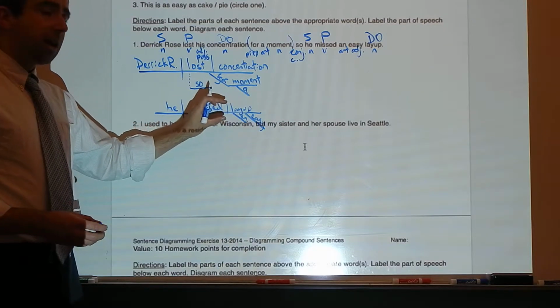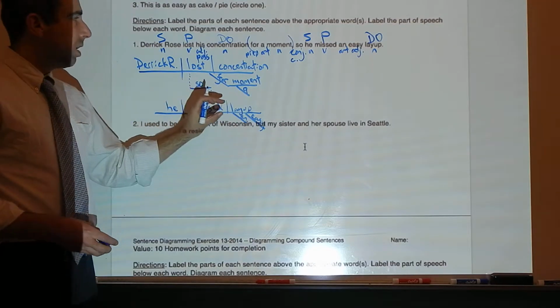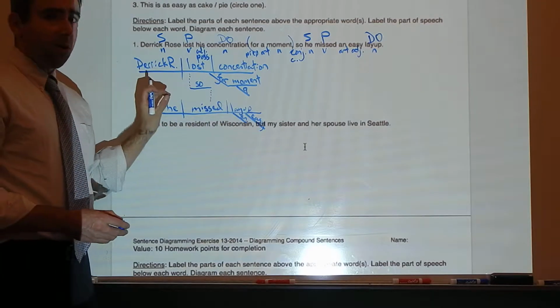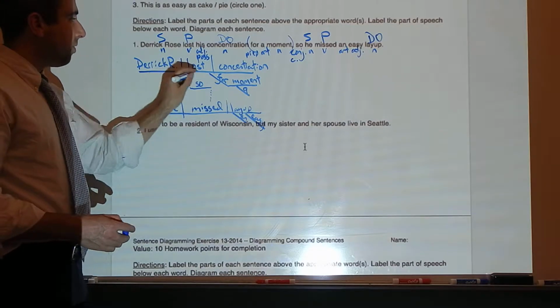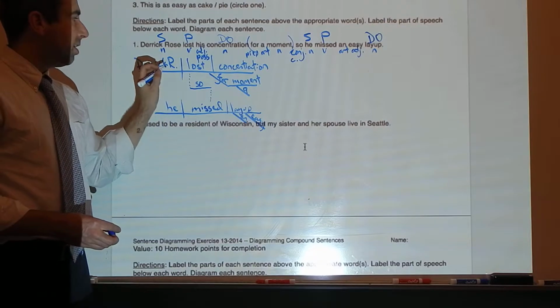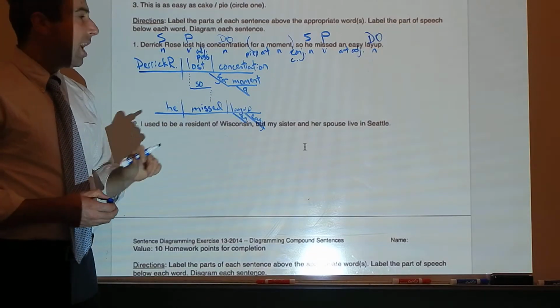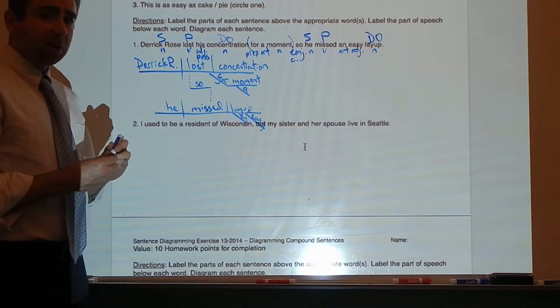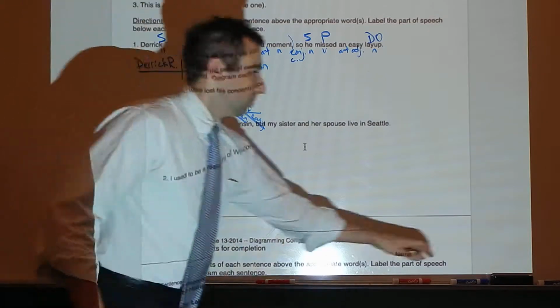Each of these, the thing that I want you to see is that these clauses right now are pretty straightforward and simple, because the thing that I want you focused on is connecting them at the predicate with the coordinating conjunction. By the way, if you ran out of room, it's perfectly fine to do something like this.